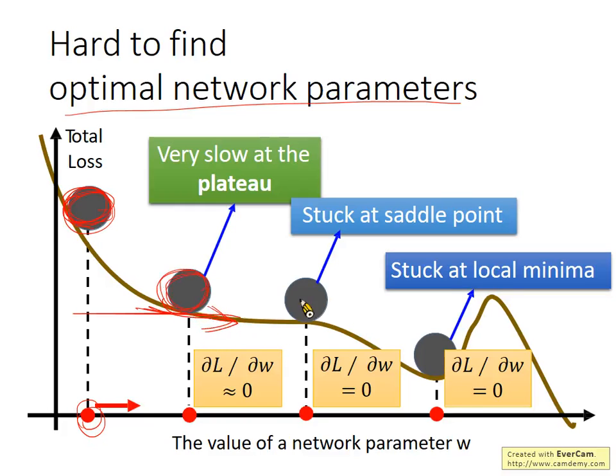So we update this point to this point, and then this point to this point, and then we are stuck at a local minima. Or sometimes, if the gradient value is just equal to 0, we may also be stuck at a saddle point. So how can we solve that? Actually the global minima may be here, but we may stop at the local minima.